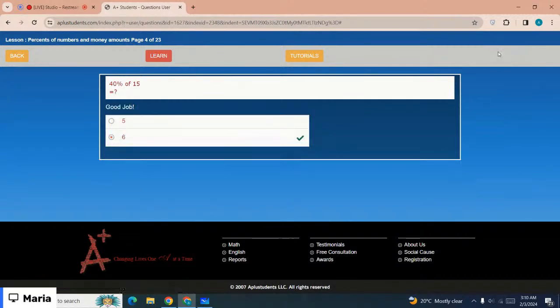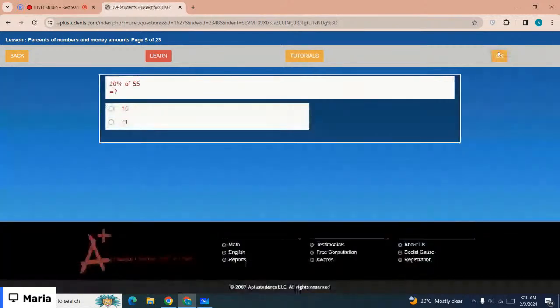The next one is 20% of 55. Which is the correct option? You can calculate the answer on your notebook and write the answer in the chat box.